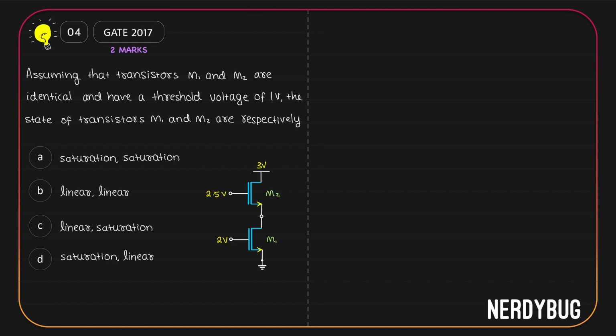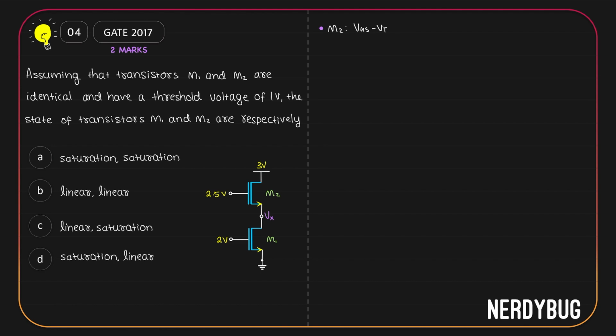Let us start by calling this point X, so the potential there will be Vx. Now consider the second MOSFET M2. Let us find an expression for VGS minus VT. Here the gate voltage is 2.5 volt. Source voltage is Vx, so VGS is 2.5 minus Vx.